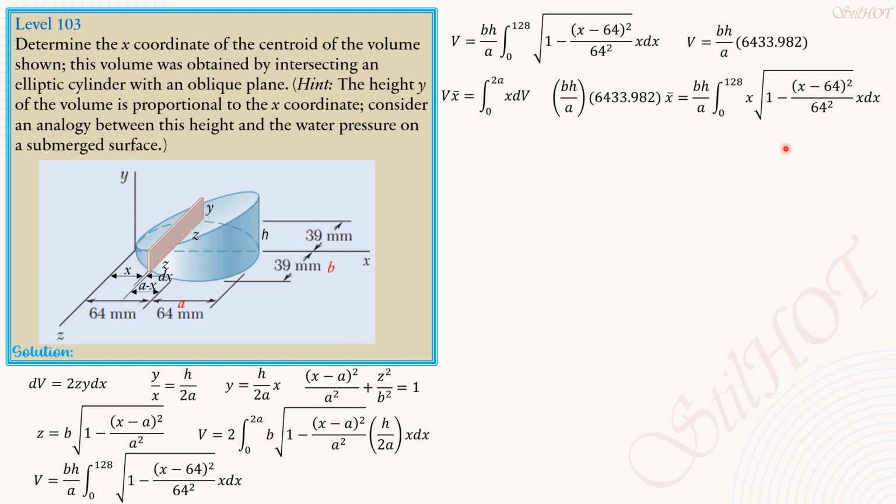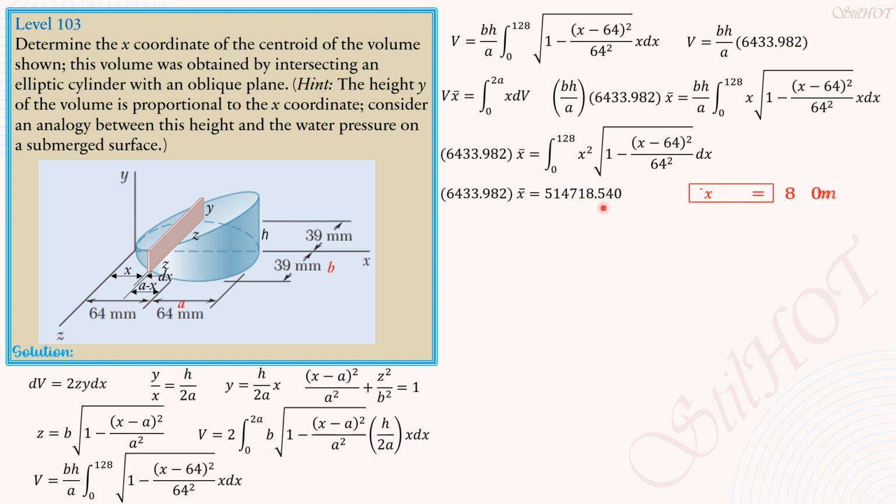So cancel bh over a. 6433.982 x-bar equals integral from 0 to 128 of x square root of 1 minus quantity (x minus 64) squared over 64 squared times x dx. Again, using your high-tech calculator, you can evaluate this integral, and it is equal to 514718.540. So x-bar can now be computed, and it is equal to 80 mm.